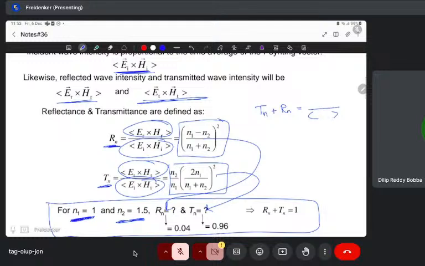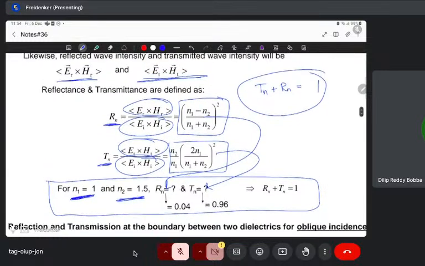On the numerator, I will have the sum of reflected wave intensity and the transmitted wave intensity. By law of conservation of energy, this sum should be equal to incident wave intensity. So numerator and denominator will get cancelled and you will get 1. So I think that is the explanation. By law of conservation of energy, this has to be 1.